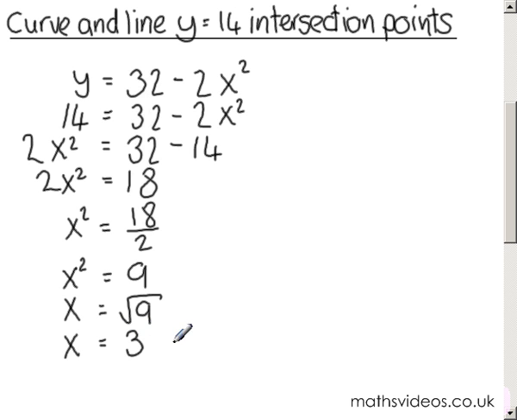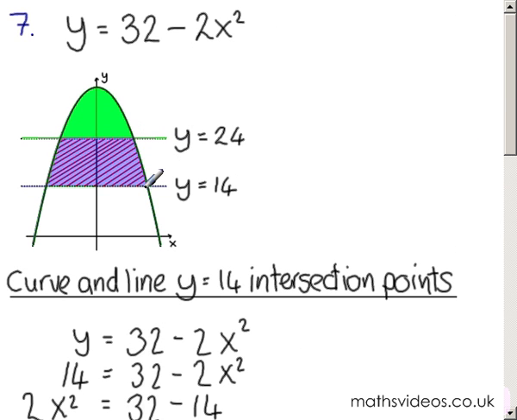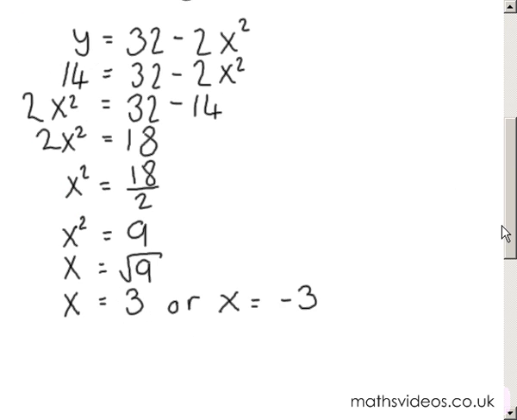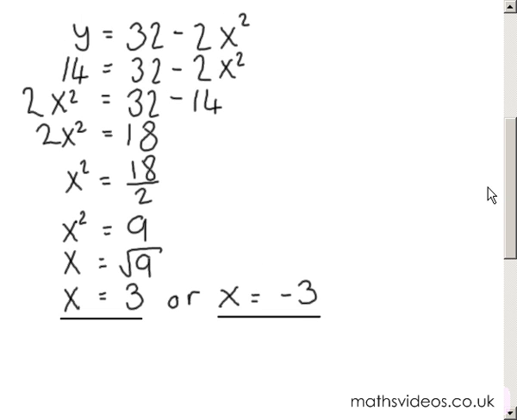It's either x equals 3 or x equals minus 3. So these are the x values of the points of intersection here and here. If we have a look at our curve again, we'll have a look at the area that we're trying to find, the blue area.